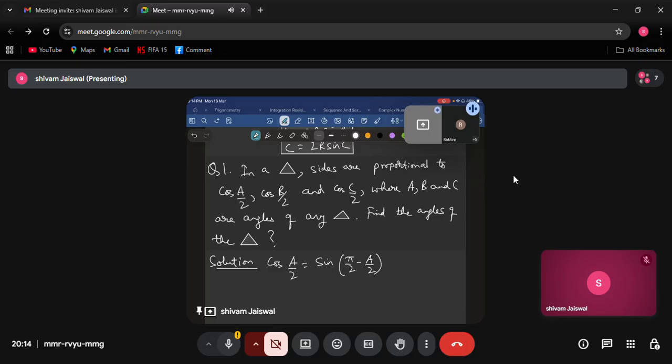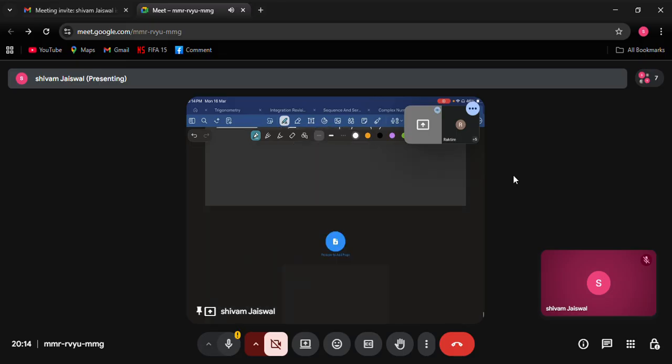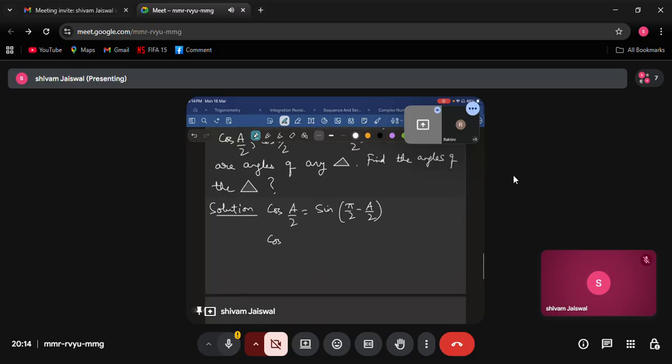Cos A by 2 is equal to sine of pi by 2 minus A by 2. Cos B by 2 is equal to sine of pi by 2 minus B by 2.